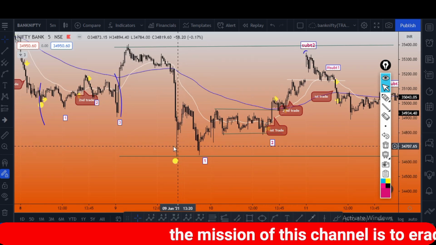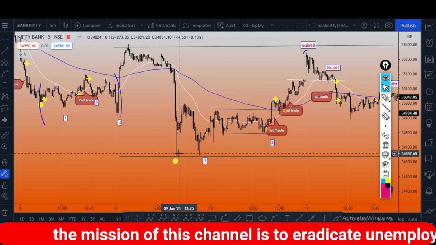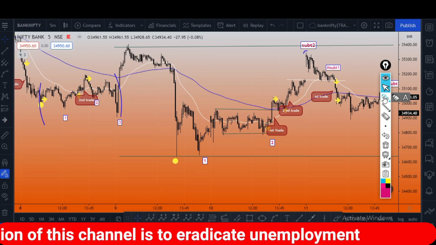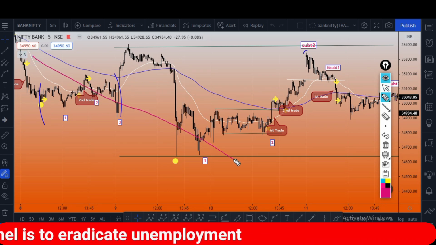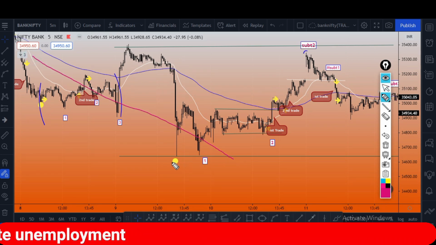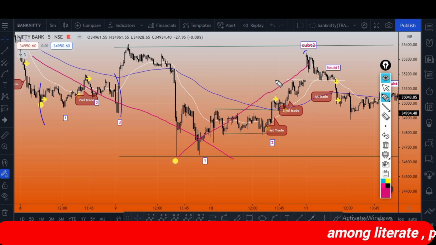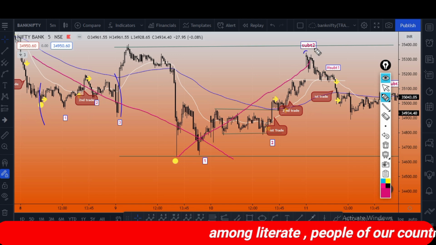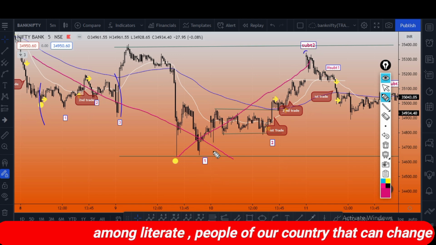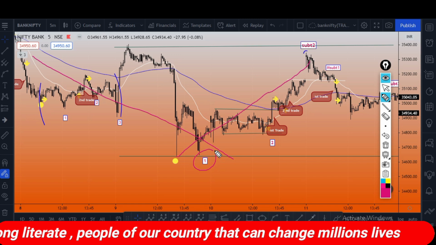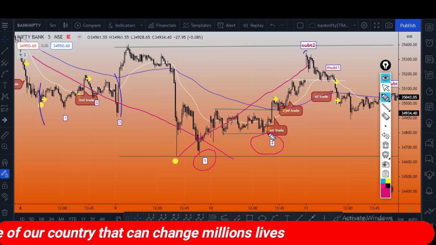Since this is the support point and trend is in down direction, that is why this move should be a counter trend move. And if this move is counter trend, then price should make only two testings, first testing and second testing.